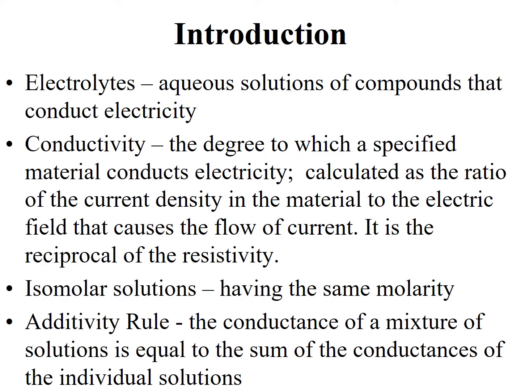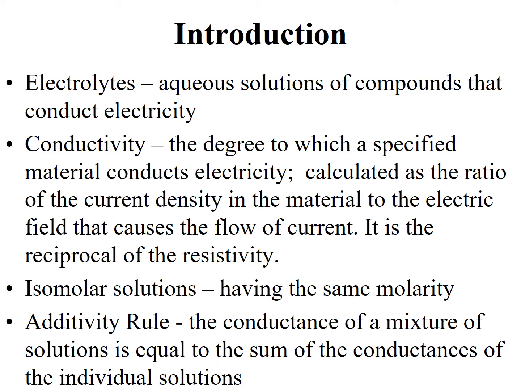In experiment 6, you are introduced to this concept of electrolytes. Now, this is not new to you because we have discussed electrolytes in chapter 4. So, electrolytes are aqueous samples of compounds that conduct electricity.